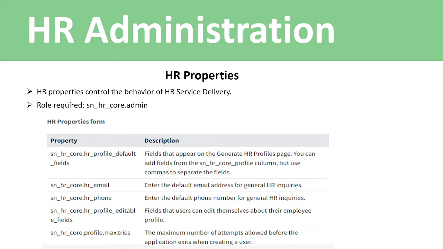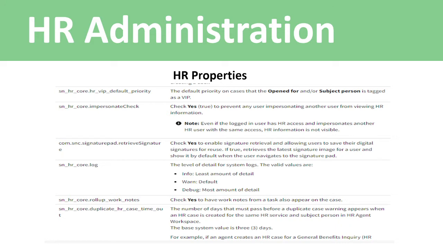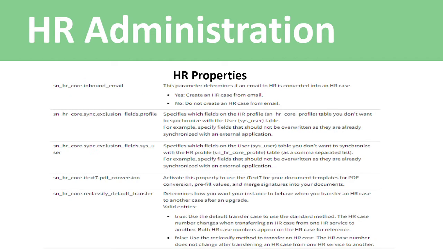There are a few properties I have mentioned, like VIP policies for persons in our HR domain, such as CIO or CEO level. So we have the property sn_hr_core.hr_vip_default_priority, where we can set a priority. We have a log, a signature property, a roll up work note property, and duplicate HR case management. I have mentioned a few properties in this slide.